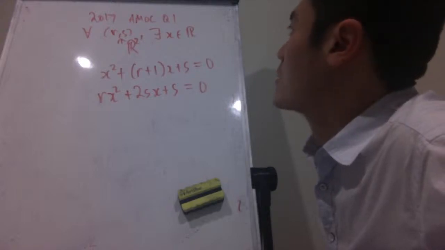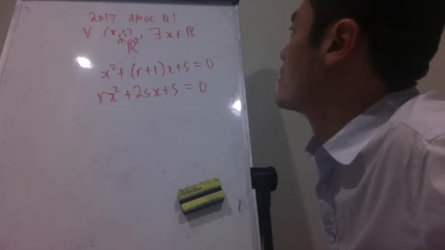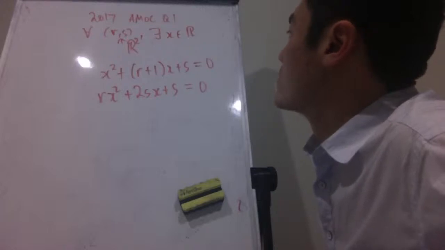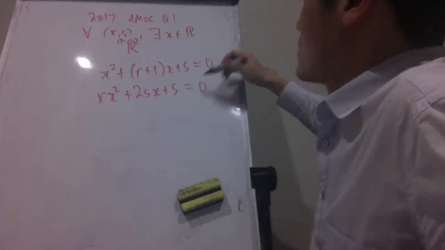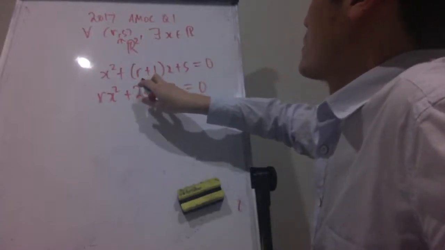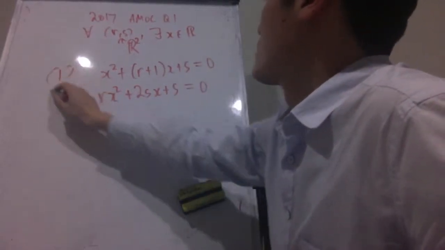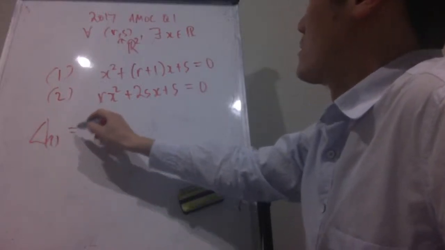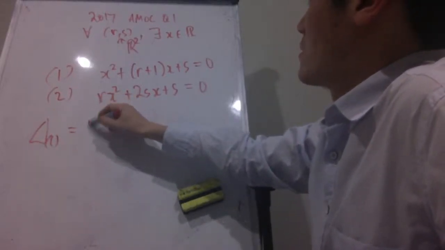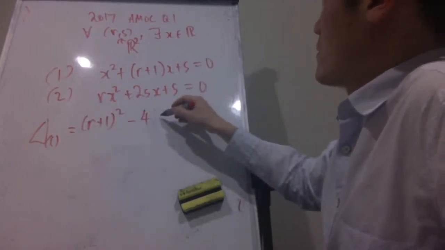How do we do it? Discriminant. Oh, so you're just saying at least one of these has solutions. Okay, so the real X. So the discriminant of 1 is equal to 4s.